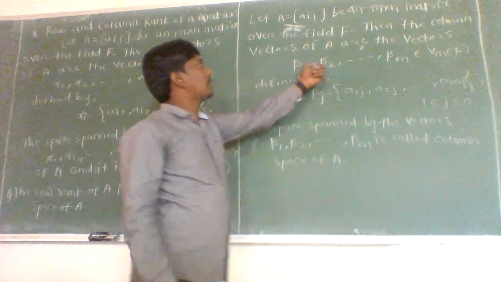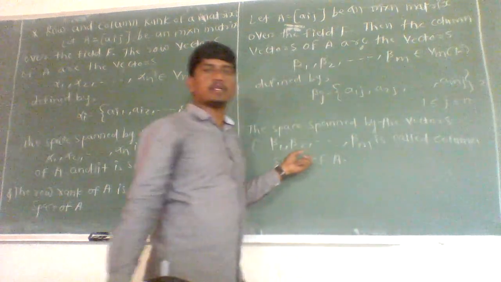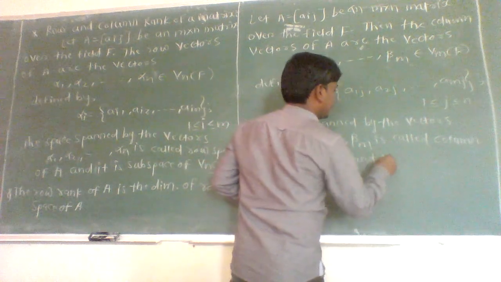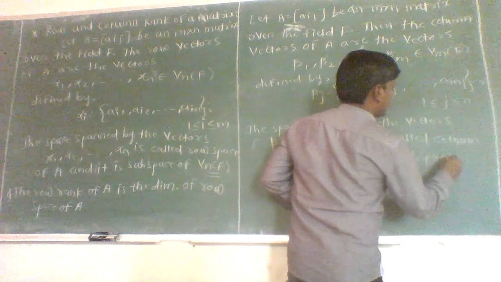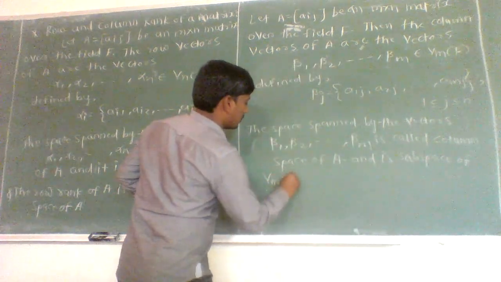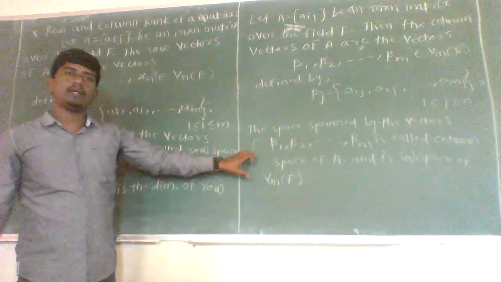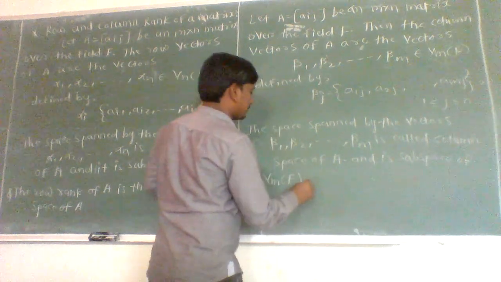As each of beta 1, beta 2, up to beta n belongs to Vm over F, it is a subspace of Vm over F. Now we have to see what the column rank of that matrix is.